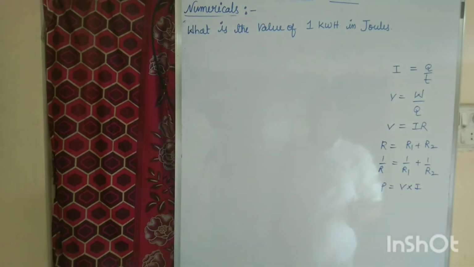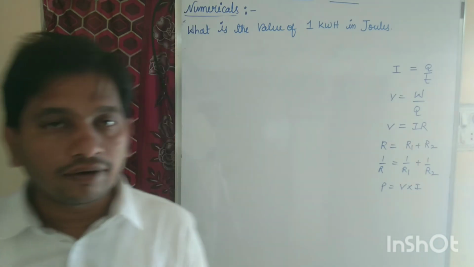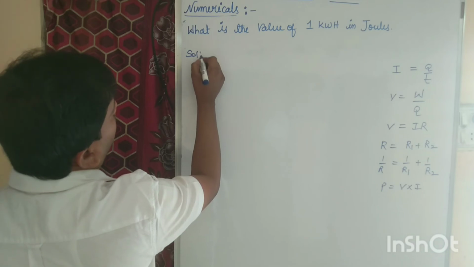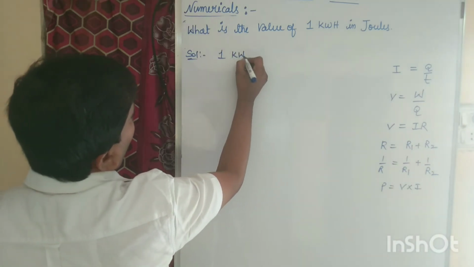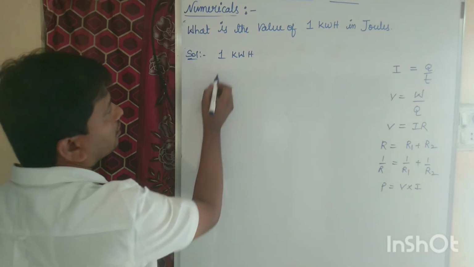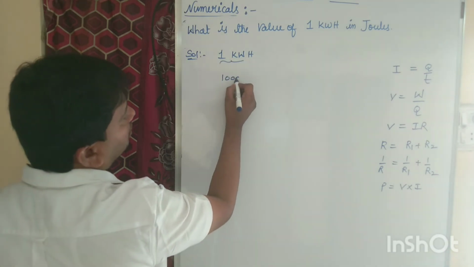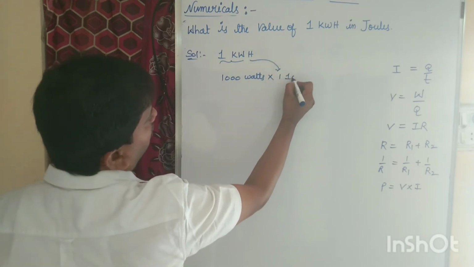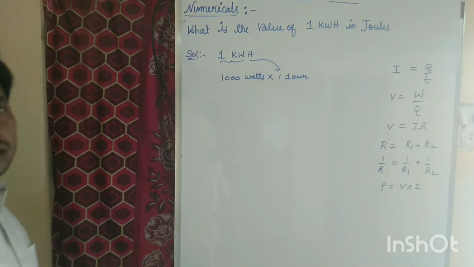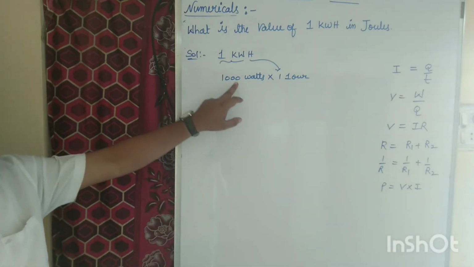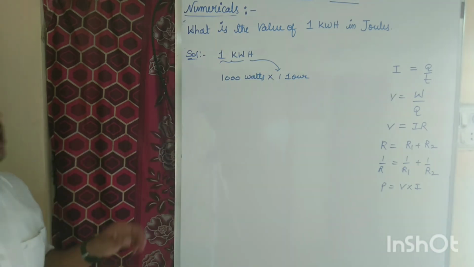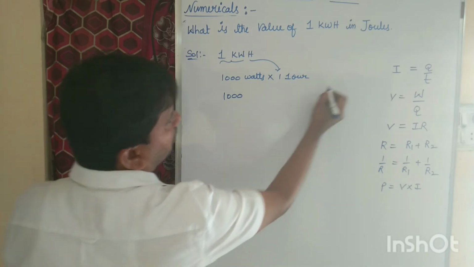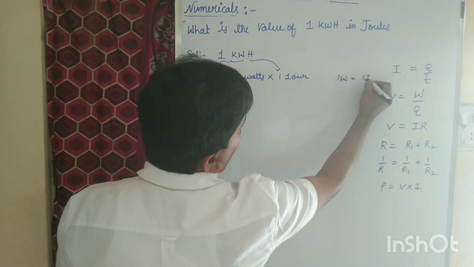Now what is the value of 1 kilowatt hour in joules? We know that 1 kilowatt hour is nothing but 1000 watts into 1 hour. 1 watt is nothing but 1 joule per 1 second.